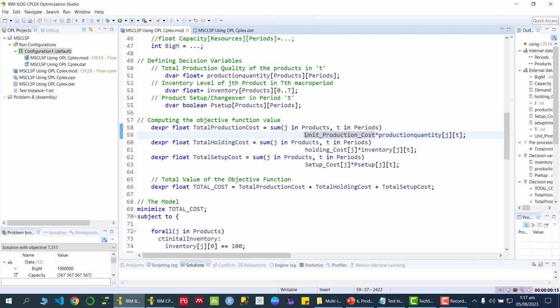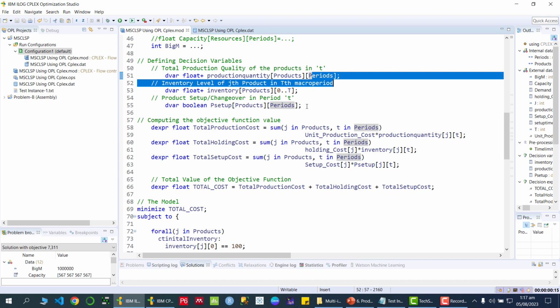The per unit production cost we have stored in unit_production_cost, multiplied by the decision variable of the production quantity for product j as well as t. So this j is in product, and this t is in period.